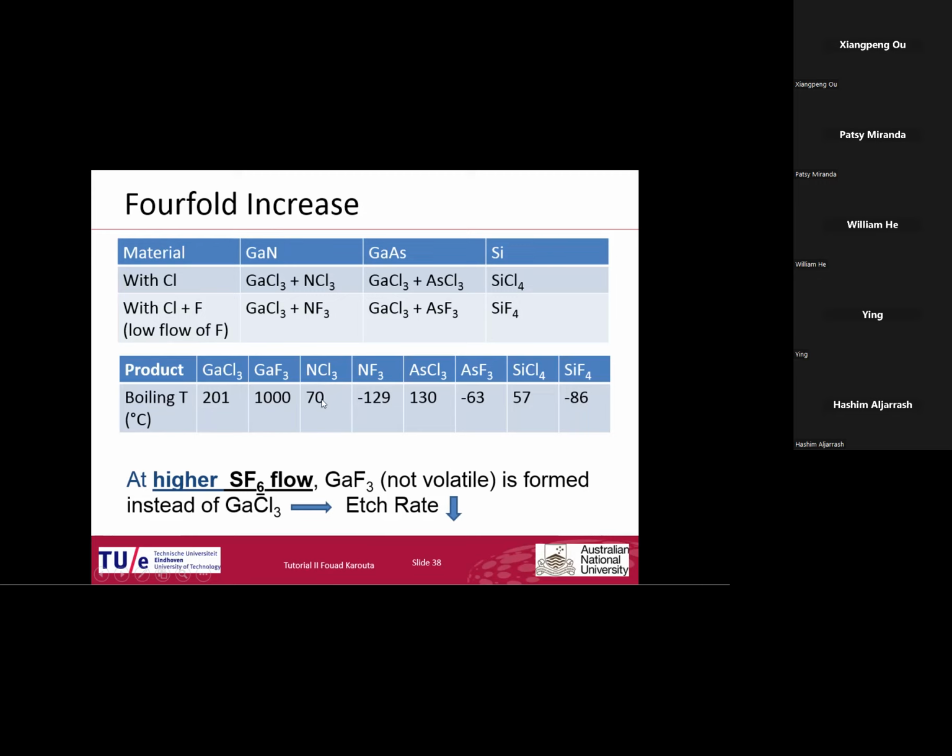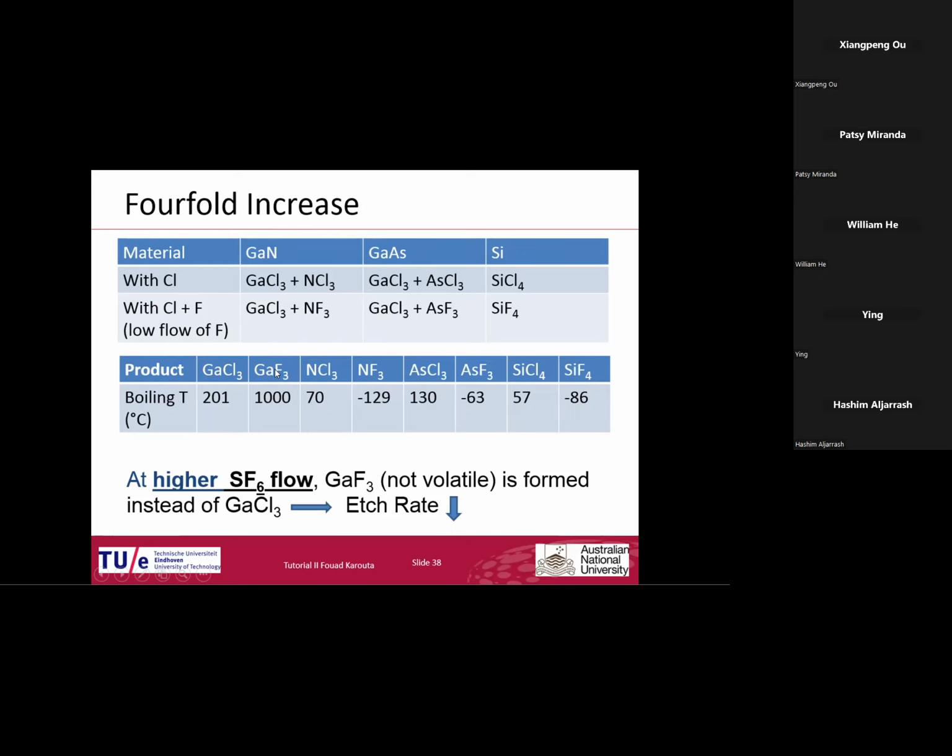And that brings me to the conclusion in this story that when you are etching gallium nitride and you use a little bit of fluorine with the chlorine, the nitrogen of the gallium nitride is evacuated more as NF3, while the gallium is still evacuated as gallium trichloride.